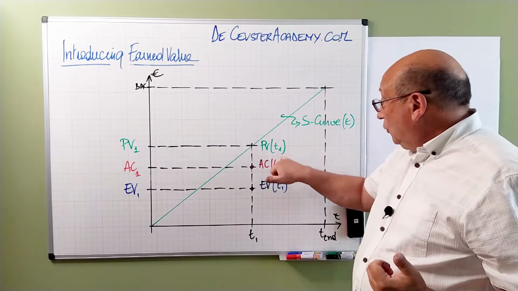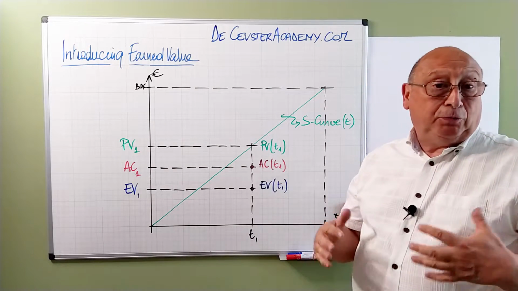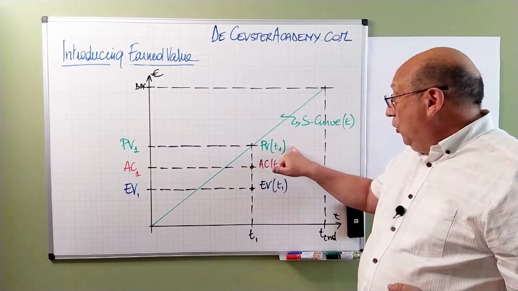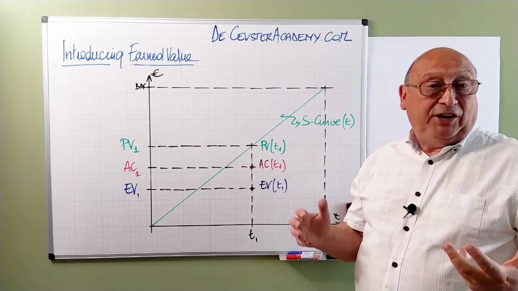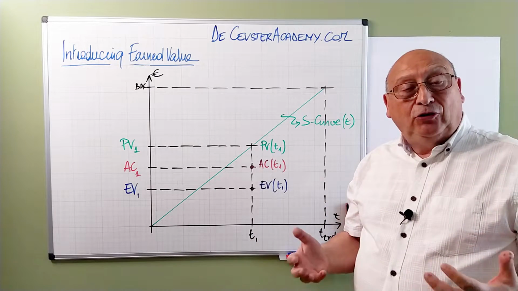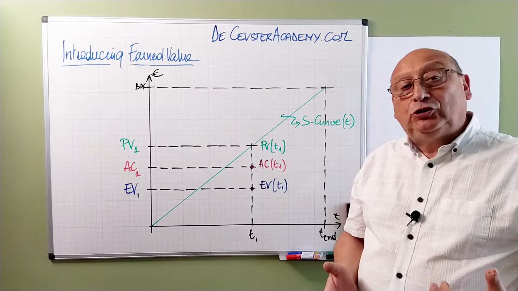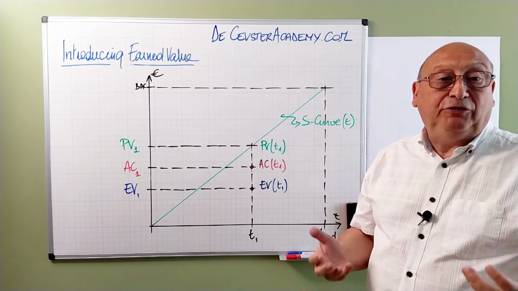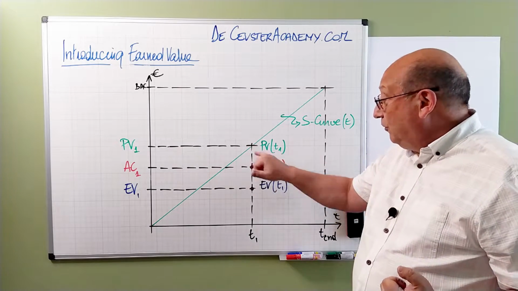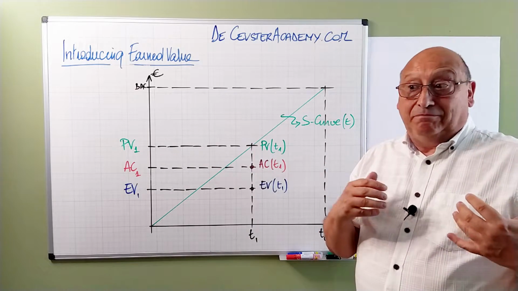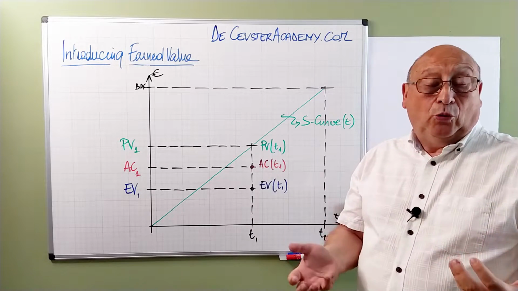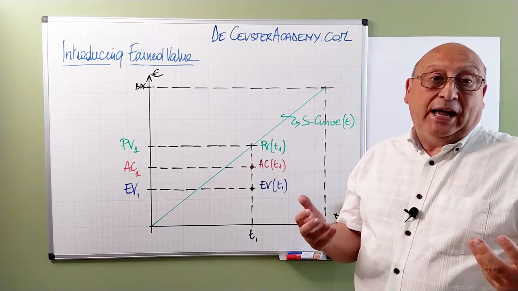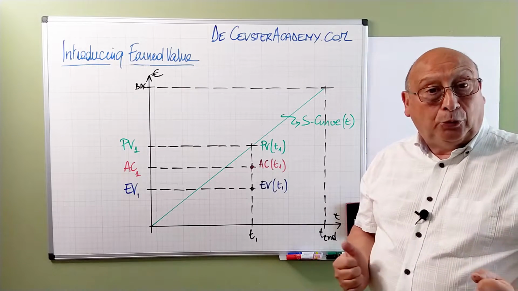Now, when we have the curve at the moment T1, a specific moment in time where we do a control of the project, we know that we should have made PV1, a certain amount of deliverables, and we expected to have a specific spending. So this information gives us more details about the work that we expected to do and the cost that we expected to pay to do that work.